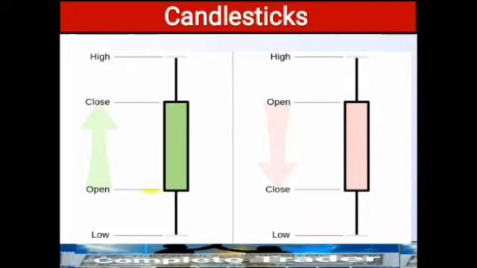In a bullish candle, you have the open of price here, and the close is always higher than the open. So you have the open, you have price establishing a high, then a low, and then a close. So those are the four pieces of information that you are given.